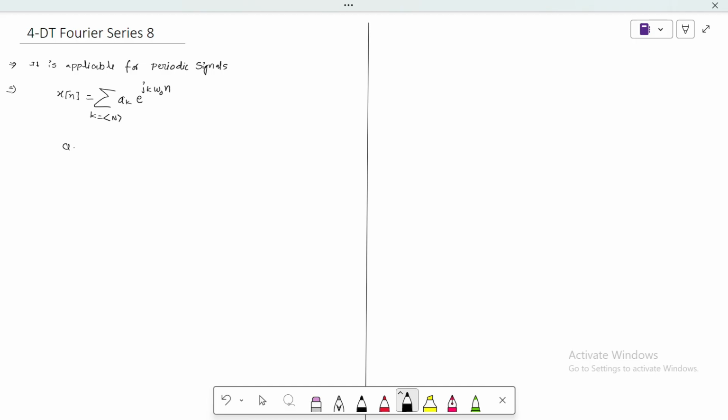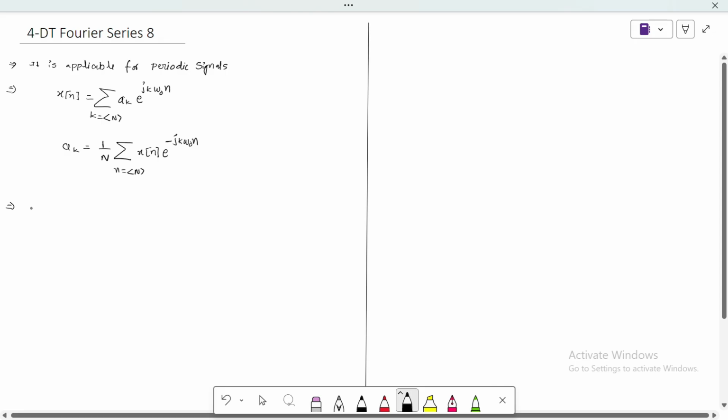The Fourier series coefficient formula is ak equal to 1 by N sigma x of n into e power minus jk omega naught into n. Here x of n is a periodic signal, so n must be within one time period.